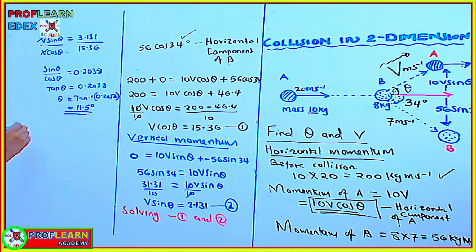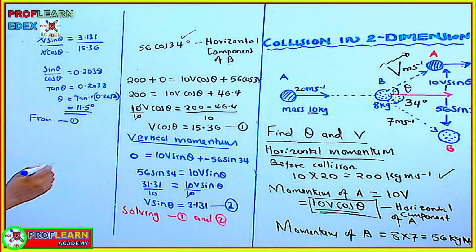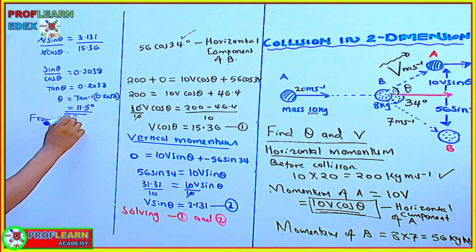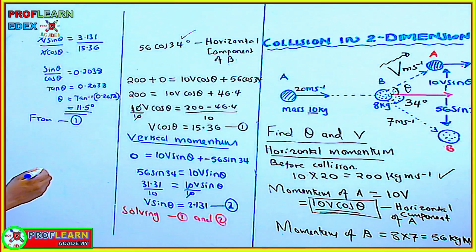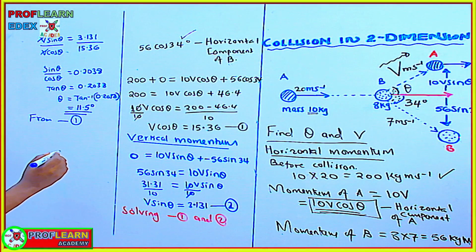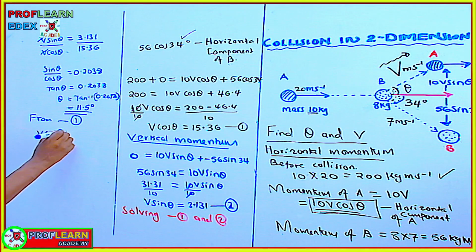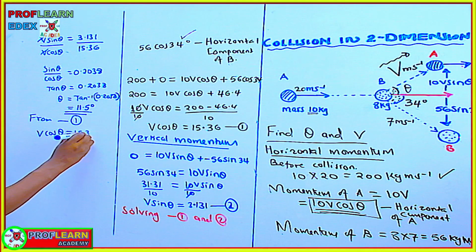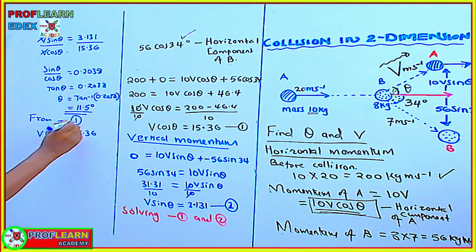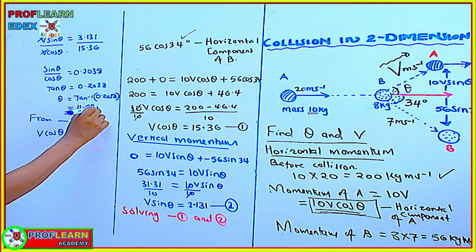From equation 1, we can see that v cos theta equals 15.36, and our theta we have gotten to be this value here.